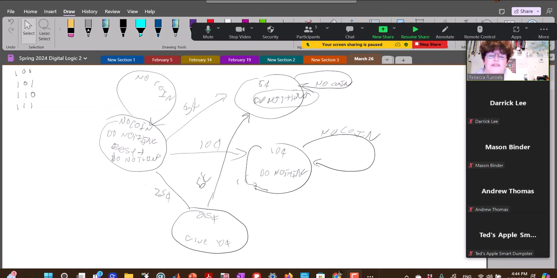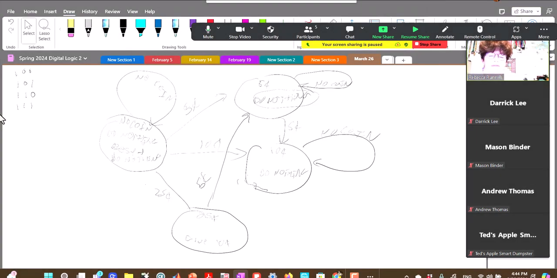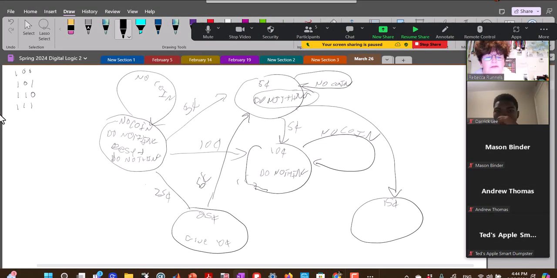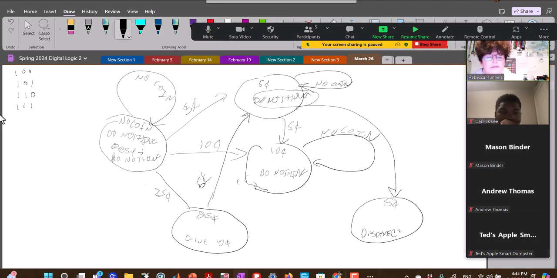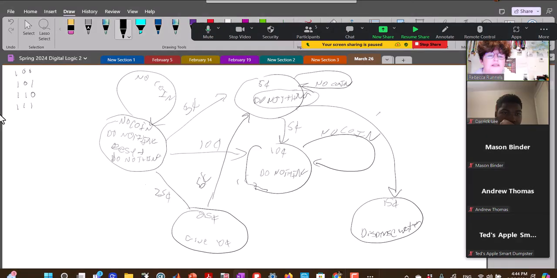I was at my 5 cent state, and I said if I had no coin, I would just go back to the 5 cent state. I can receive 5 cents, and if I receive 5 cents, I'll go to the 10 cent state. If I receive 10 cents, then I now have 15 cents, and the 15 cents is the dispense water state. So this is if I received 10 cents.